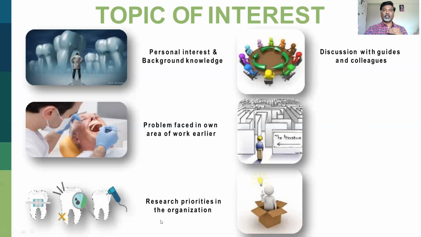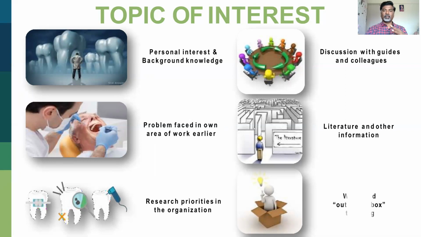And once you identify the topic is feasible for me, then and only then you go ahead with the selected topic. The next one is you have to identify whether I have some literature material for the topic I am selecting or not. If you have some supportive material, then only you can go ahead with your topic. If you don't have any written material, if you don't have literature reviews, then it will create a problem for you.